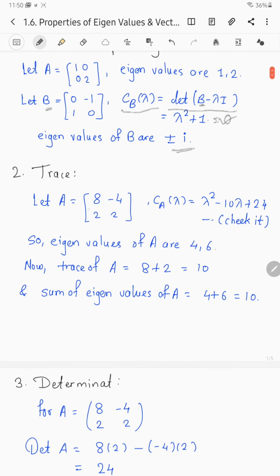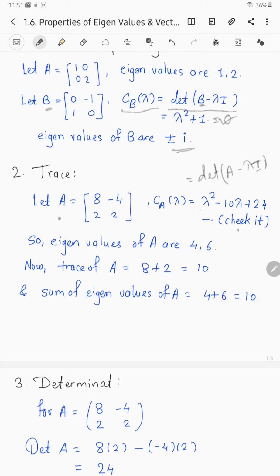Same for trace. Let this be a matrix A. The characteristic polynomial is lambda square minus 10 lambda plus 24. You have to practice such problems so you can directly find the trace, eigenvalues and determinant. You have to check this using the formula: characteristic polynomial is determinant of A minus lambda I. You have to do this in your notebook.